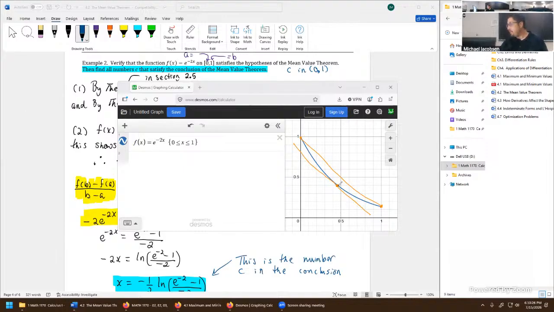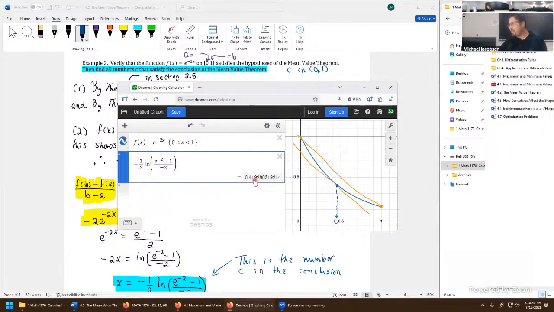Then it became a tangent line when we intersected here. If we go down, that number is C, which is approximately 0.49. I know I shouldn't have deleted that prior line. Let's put this on here as well: negative 1/2 natural log of e to the power negative 2 minus 1, over negative 2.